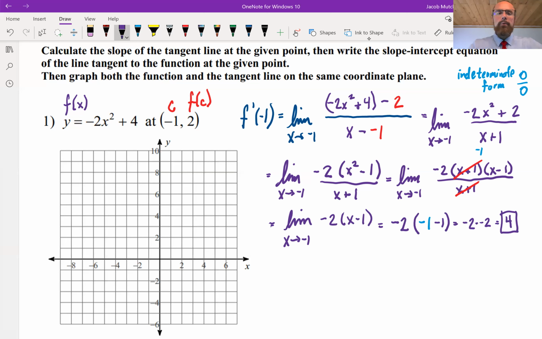So at that point, what we want to do is write the equation in point slope form. So we'll do that here. Notice how this question has multiple stages. We go for the slope of the tangent line first using this definition of the slope of the tangent line, that limiting process. And here we're switching gears to write the point slope equation of the tangent line.